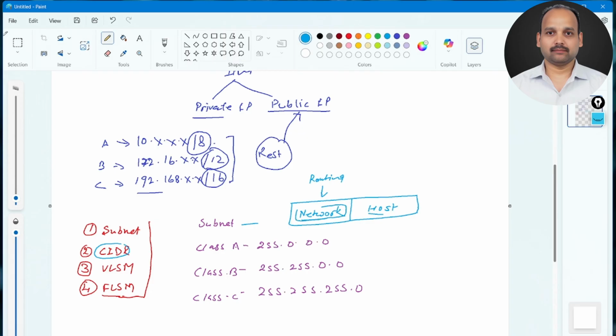This will identify, like if you have a city and there are homes. Suppose I'm talking about one city, Los Angeles.